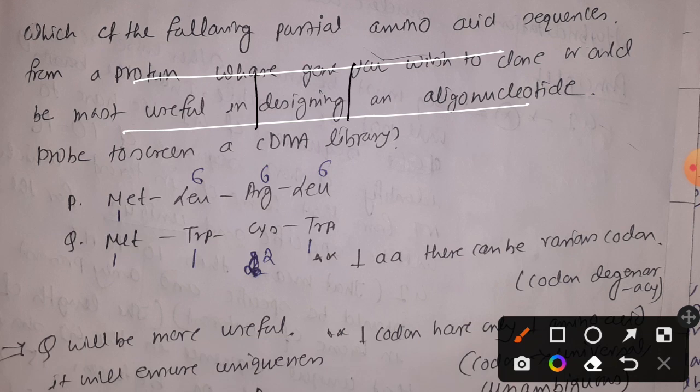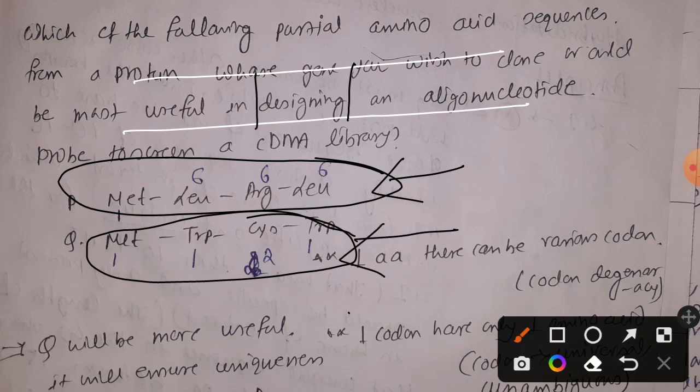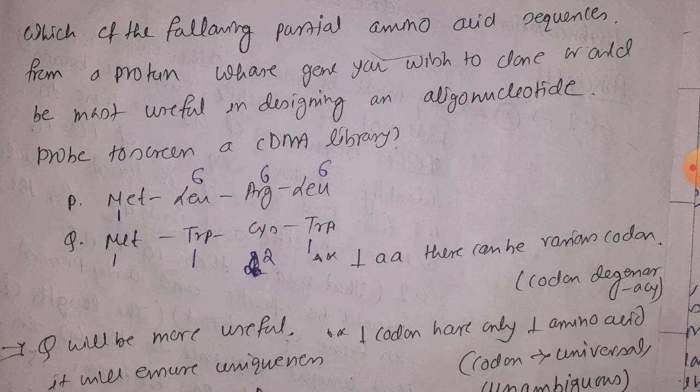So they want to know which peptide sequence will generate a unique sequence for the entire DNA from which the entire protein is coming. Okay, so that is the idea.